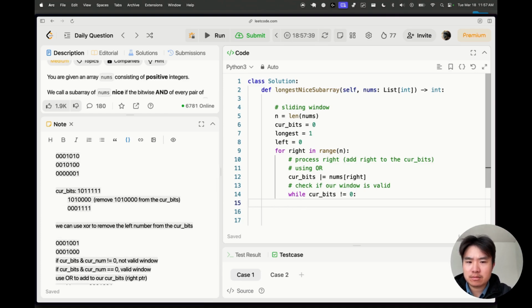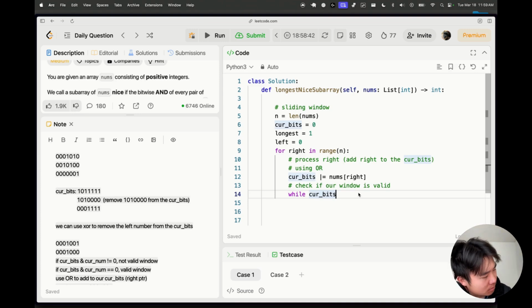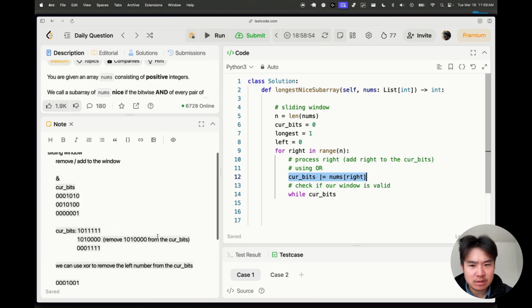Wait, that's something I didn't really think about. How do we know if our window is valid? Oh, I guess we can't really do this without checking if it's valid first. So we can't process right before checking if it's valid.